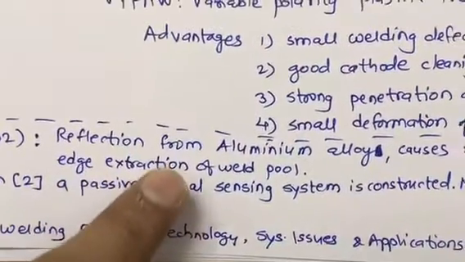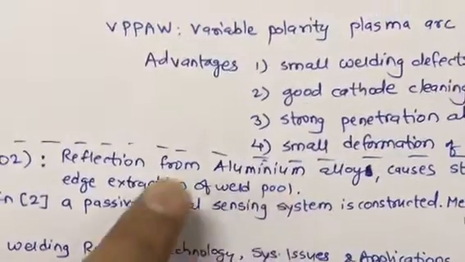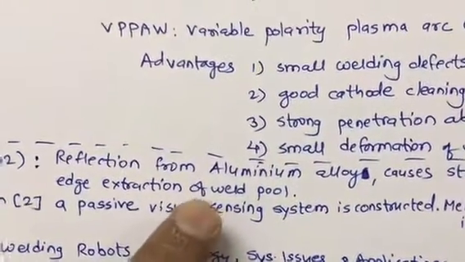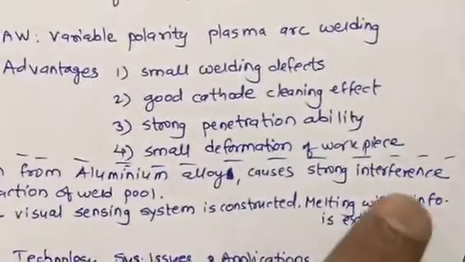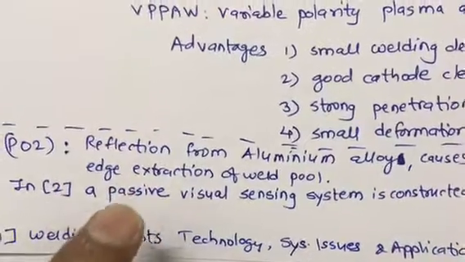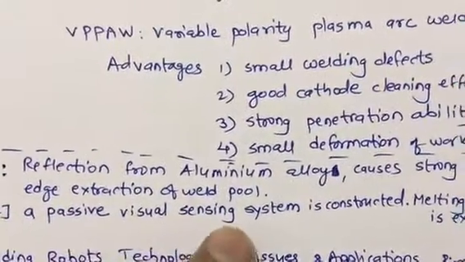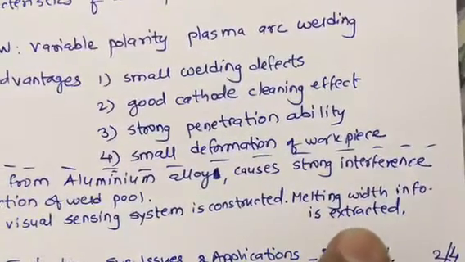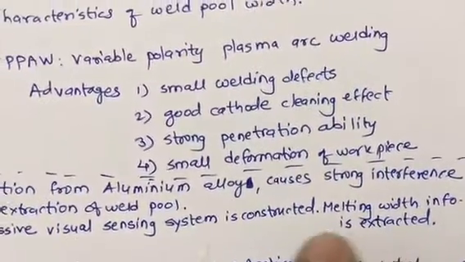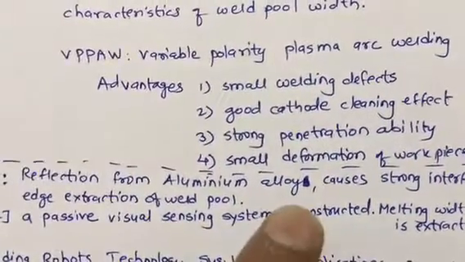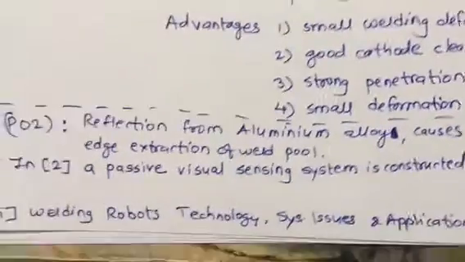Interference means noise interference in edge extraction of weld pool. So this edge extraction of weld pool means the image processing related part. So in this particular part, there is a noise interference, strong noise interference. So the authors have found a solution. A passive visual sensing system is constructed, and melting width information is extracted. So these are the solutions from the previous findings, from the problems which are present in the previous findings.